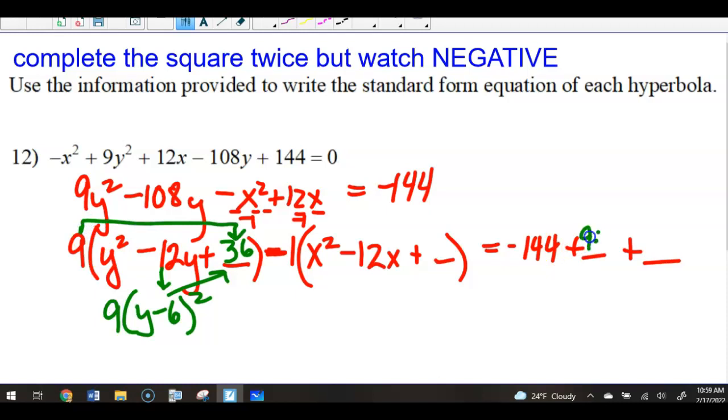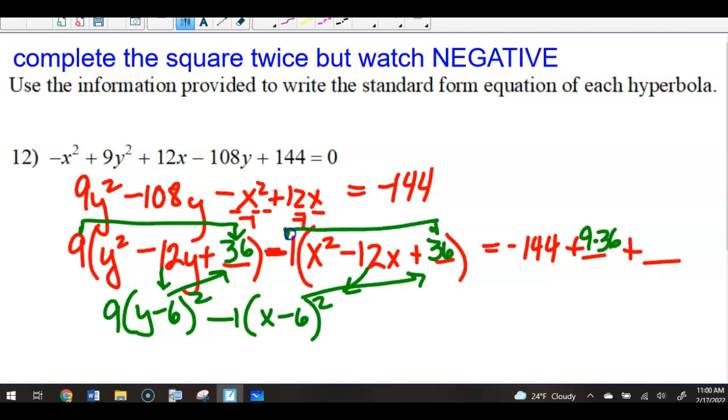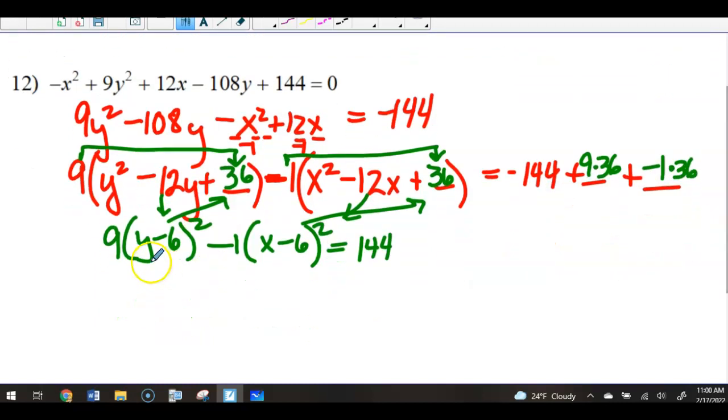So we have to do 9 times 36. And then we have this one we're taking half of and putting it in this blank. And you're really adding -136 over here. So then I believe we end up with a positive 144. If I remember right. And then we have to divide everything by 144.